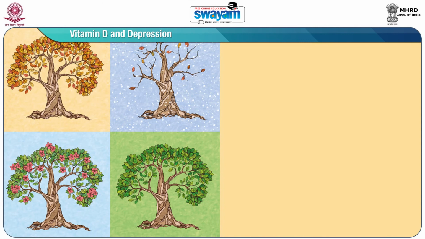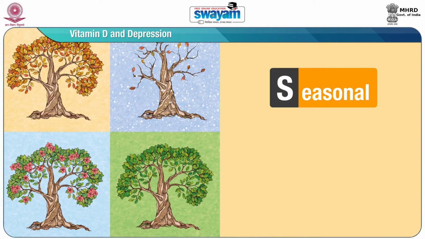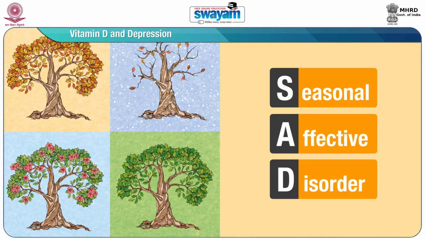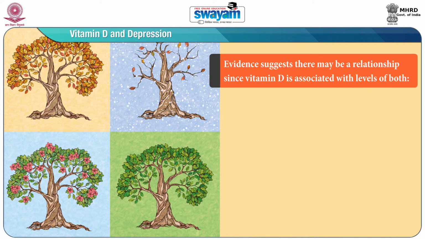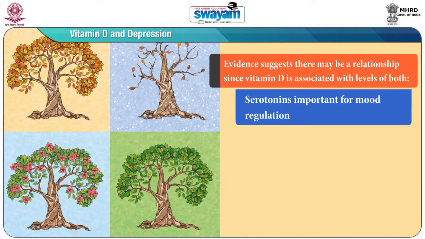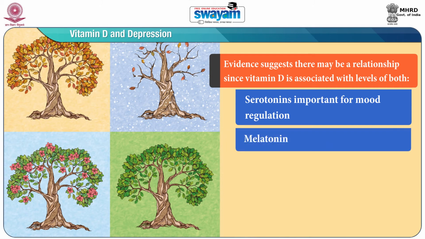Now, the role of vitamin D in depression. Seasonal affective disorder is a mood disorder which is caused by a seasonal drop in exposure to sunlight. Evidence suggests that there may be a relationship, since vitamin D is associated with levels of both serotonin, important for mood regulation, and melatonin.